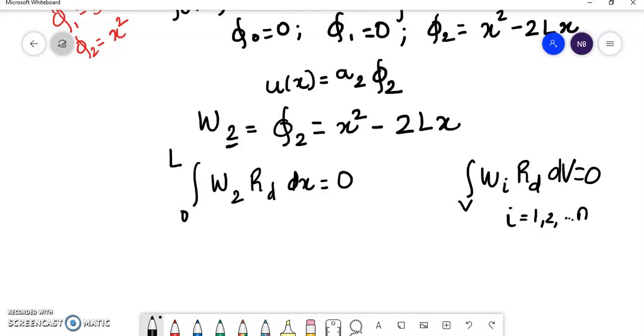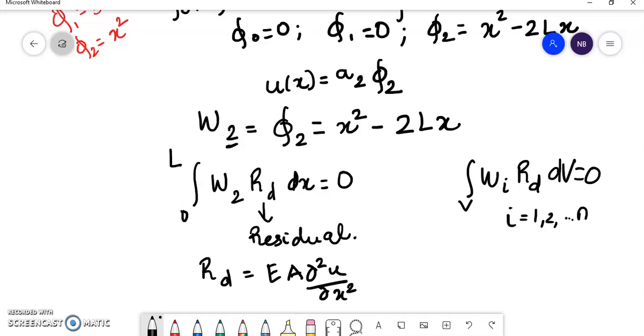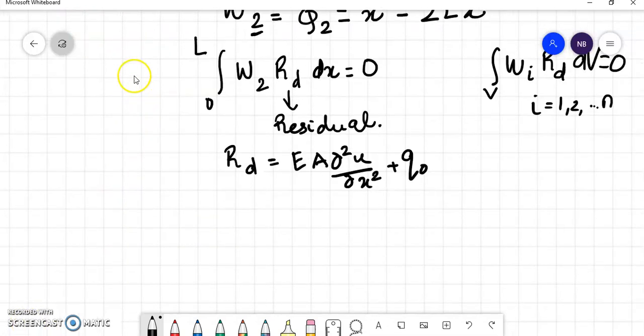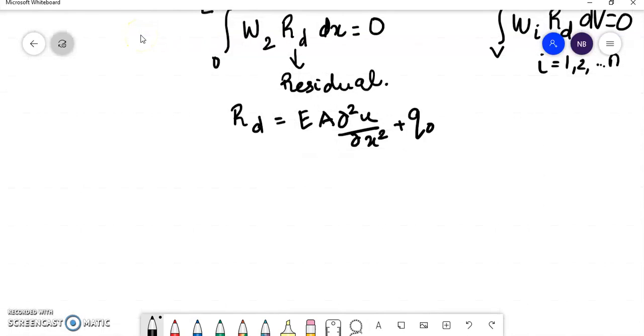That is why we have here w2 Rd dx has to be 0 over the length 0 to L. Now as I said, this is the residual, which is given by this. Let us substitute for u in this equation.